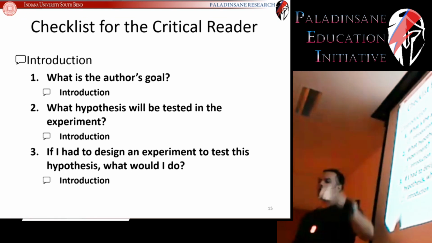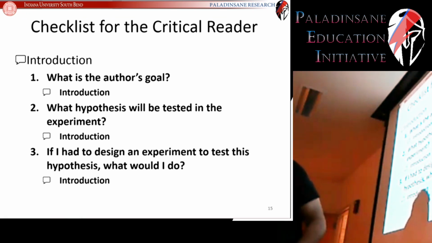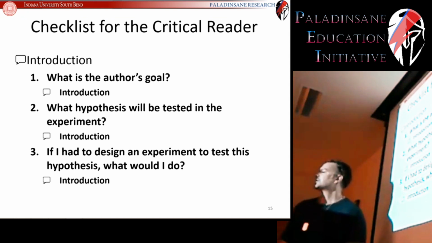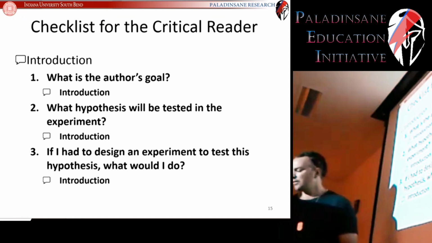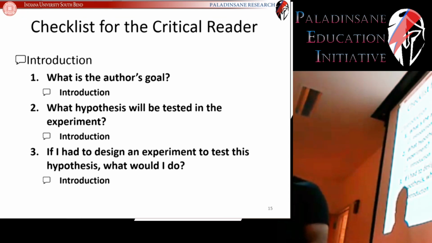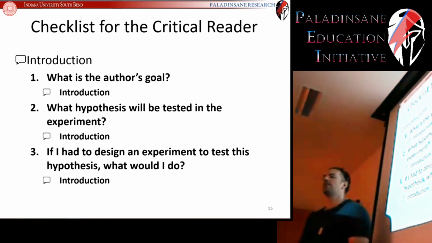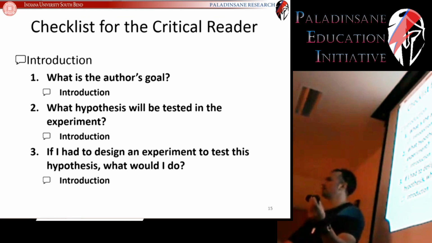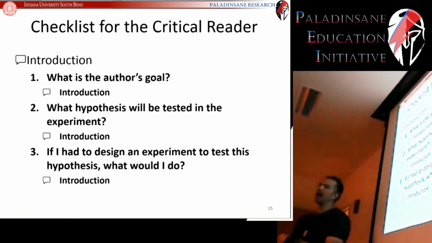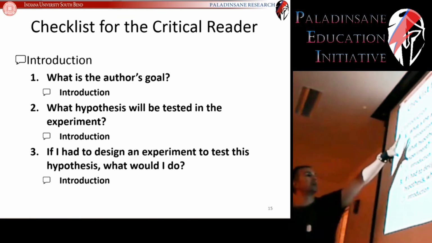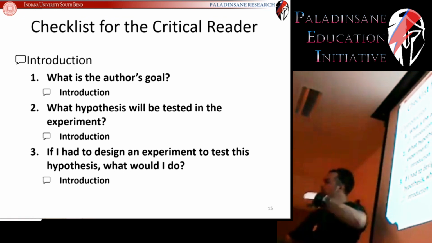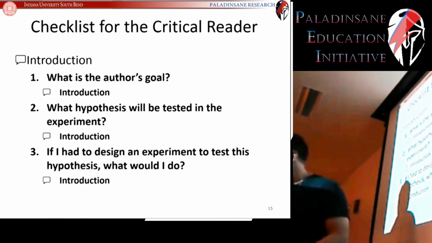So if you've ever read a page of something, some required reading, and then at the end of it, you think to yourself, what did I just read? I can't even remember. What was the last sentence? I'm kind of blanking here. It's because you weren't actively engaging with the material. So when you have a goal, when you have questions, when you're sitting there going, what is the author's goal?